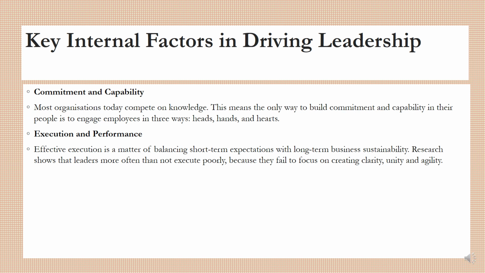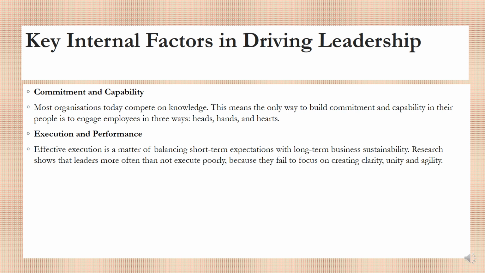So, as a leader, you have to see the long term business sustainability. In the short run, you can force people to do certain things, but in the long term, it would not work. So, you have to make the goals clear in the minds of people. You have to unify them, and you have to be flexible enough, agile enough to change if something goes wrong. And that execution is very important for the performance of the people.